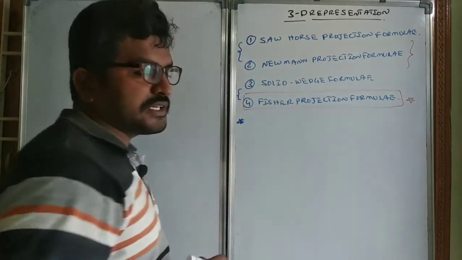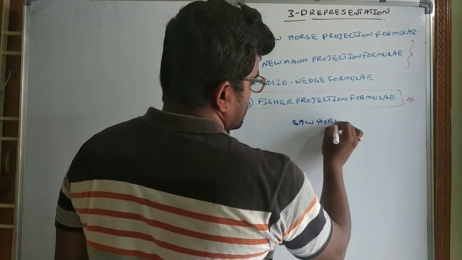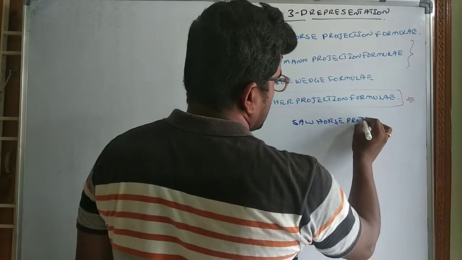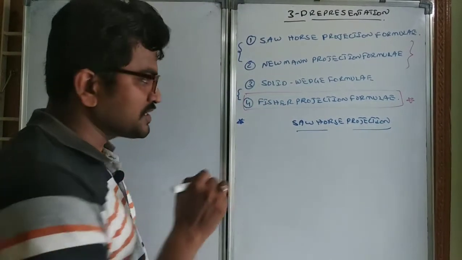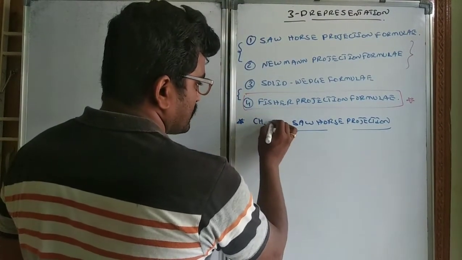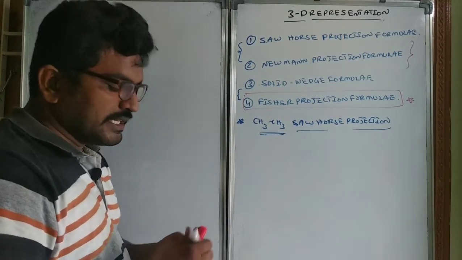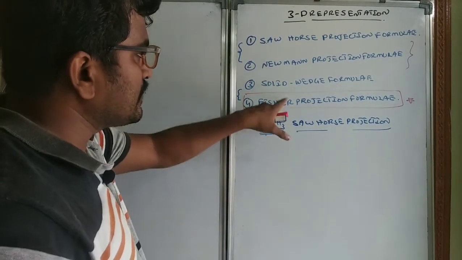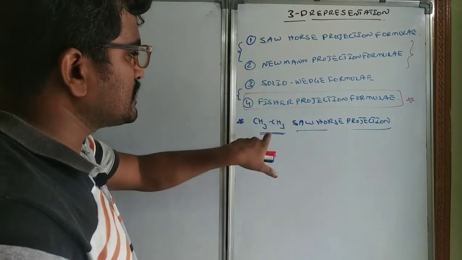The first one you see, Sawhorse projection formula. In the Sawhorse projection, I will take the example of CH3 ethane. In this ethane, I will explain 1 and 2 and 3 with this ethane.